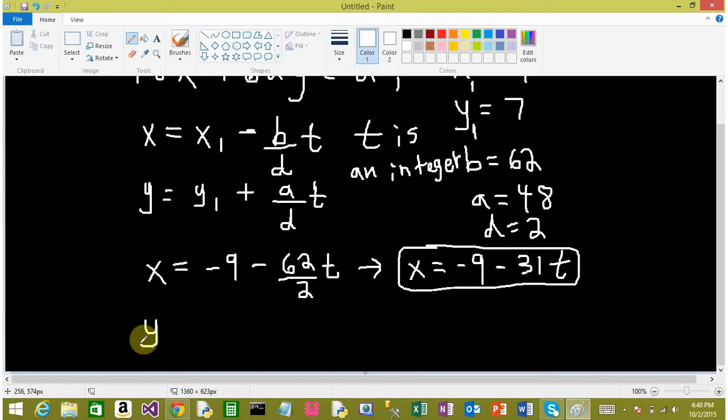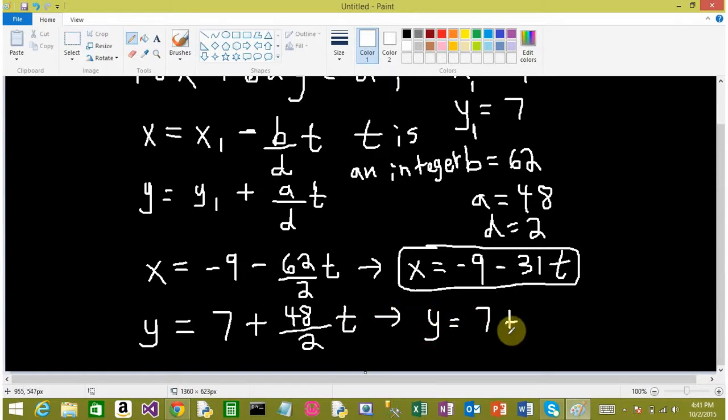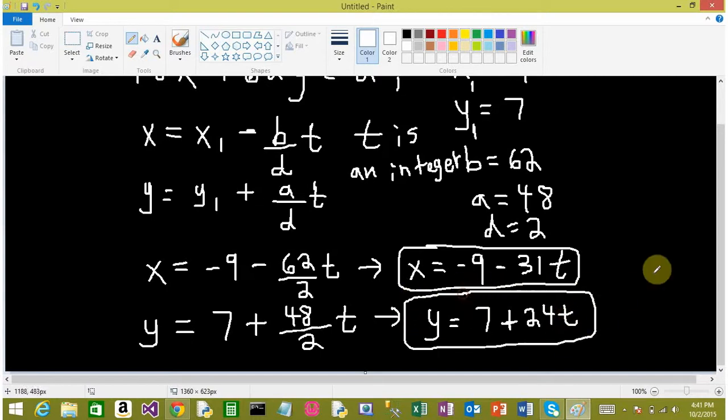And then for our y, we have our y1, which is 7, and we add to that a, which is 48, divided by d, which is 2, times t. So that's going to give us y equals 7 plus 48 divided by 2, which is 24t. And there's our answer for y. So those are the general solutions for x and y.